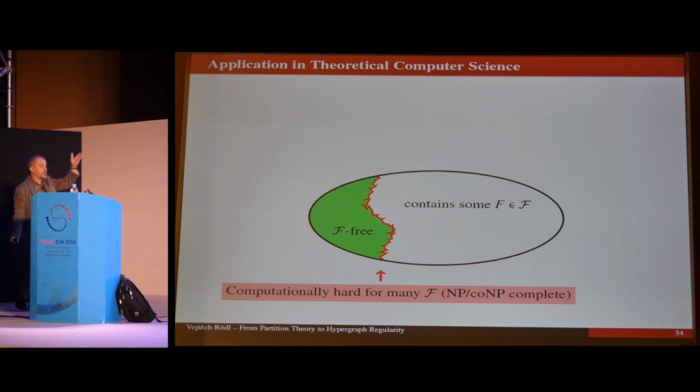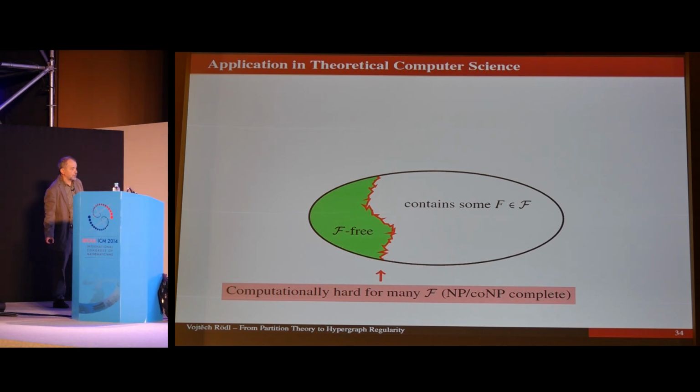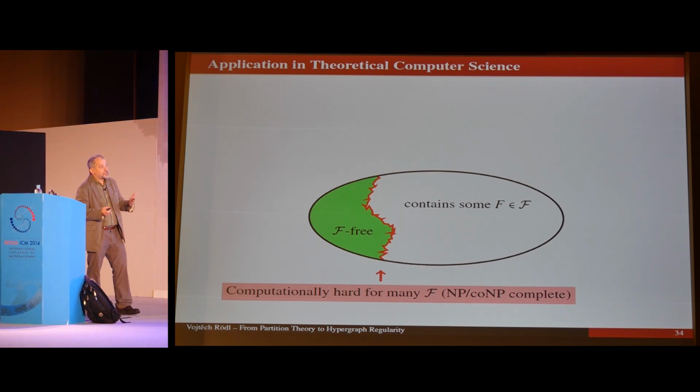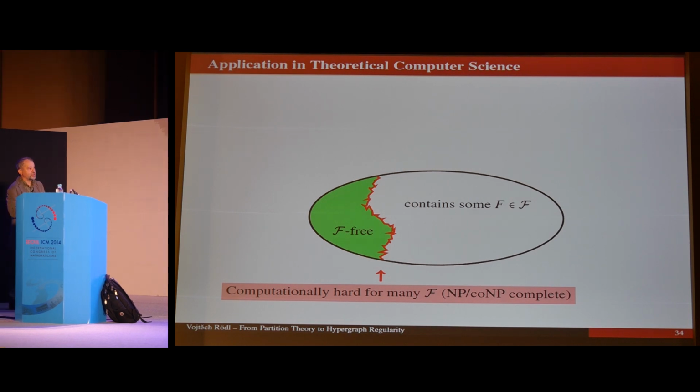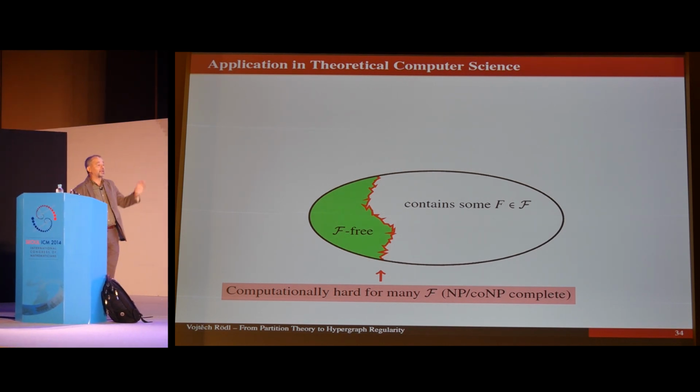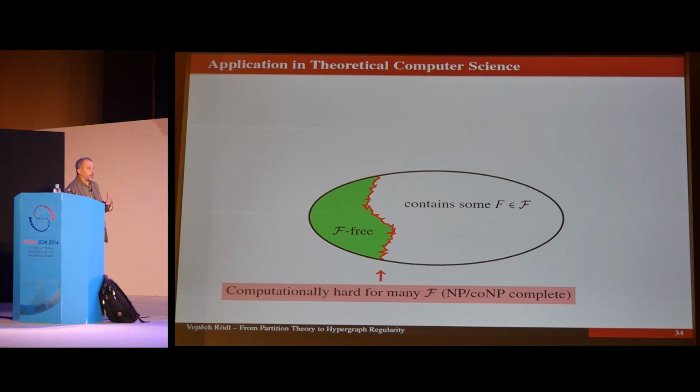So this will be the green area. And for many natural families F, the decision problem of whether a given hypergraph or graph H is in the family is a computationally hard problem.